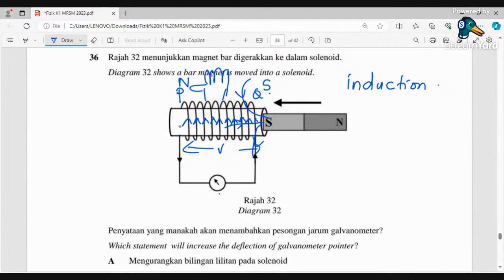Okay. Kalau dia right to left, dia akan deflect left. Kalau left to right, dia akan deflect right. Ini ialah daripada right to left. Right to left. So right to left, deflect to left.